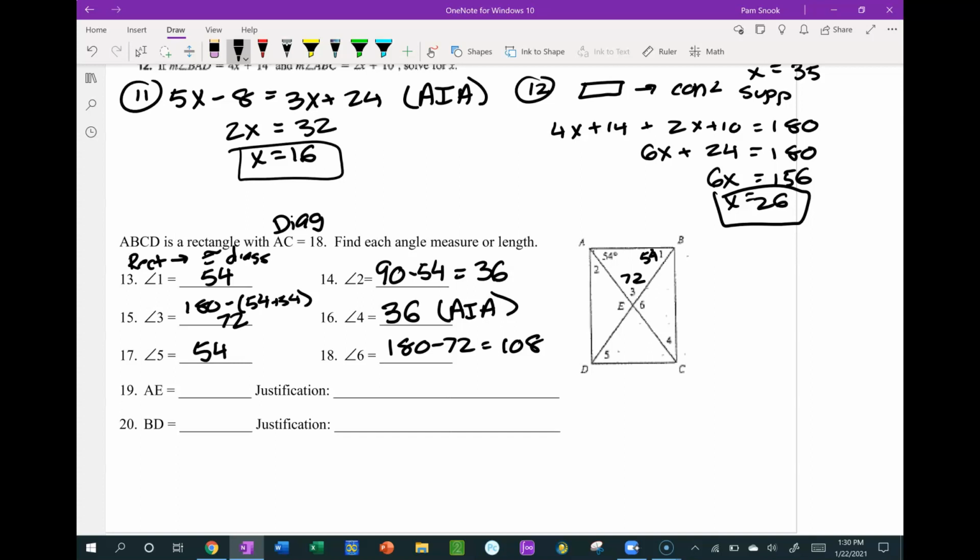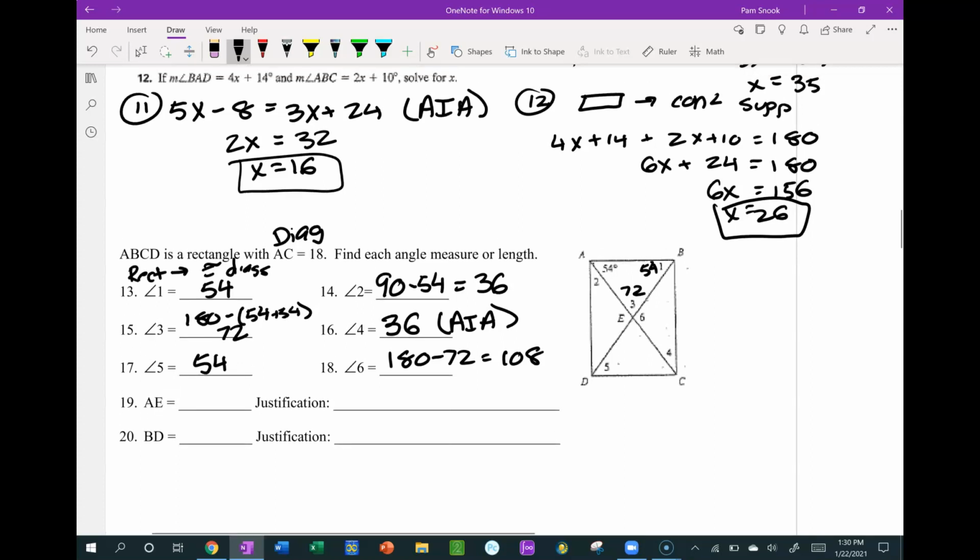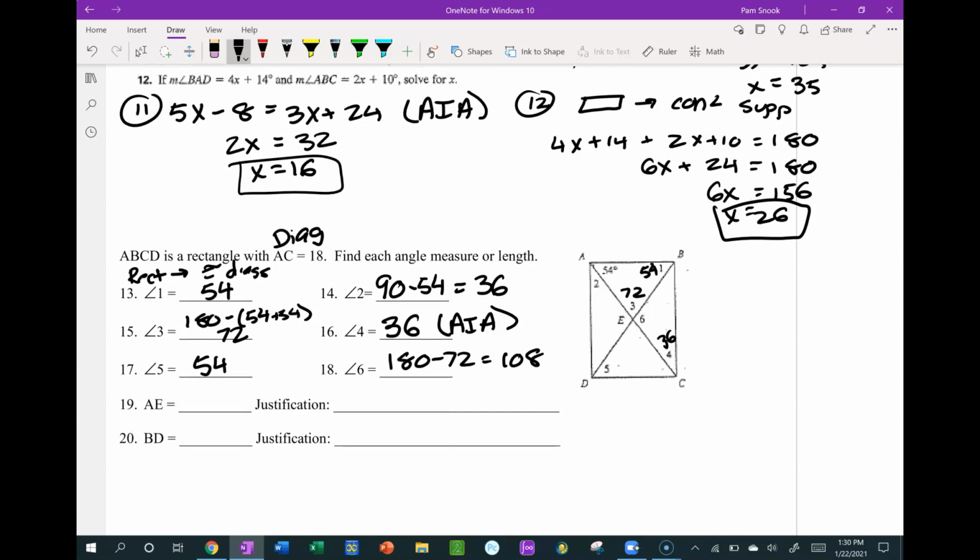I could say that angle 6 is in the same triangle, and I know that 4 is 36 degrees. And these guys are congruent, so that's 36 degrees. So I can do 180 minus those, and I get 108. Lots and lots of choices here.